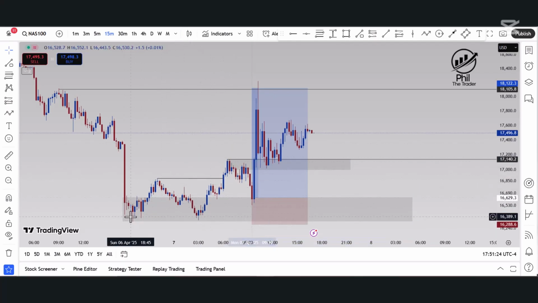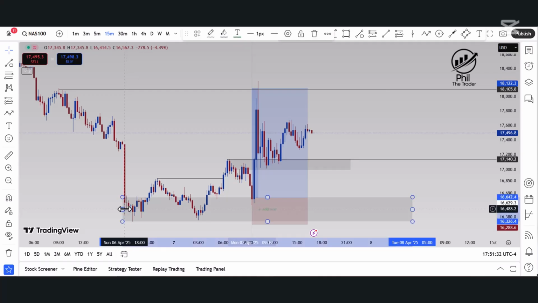So it can be considered as a valid demand zone. This is a demand zone or a support area. Let's just continue with it.